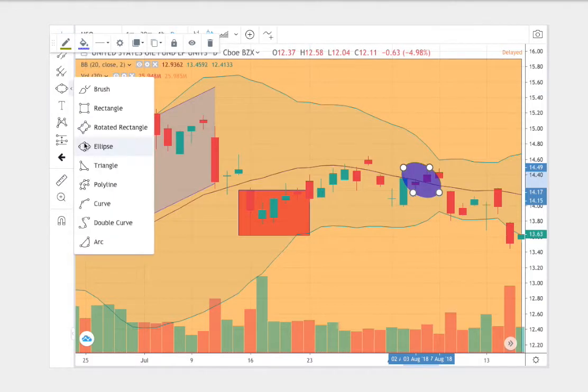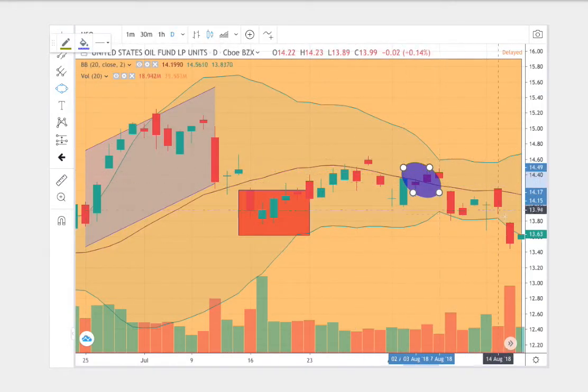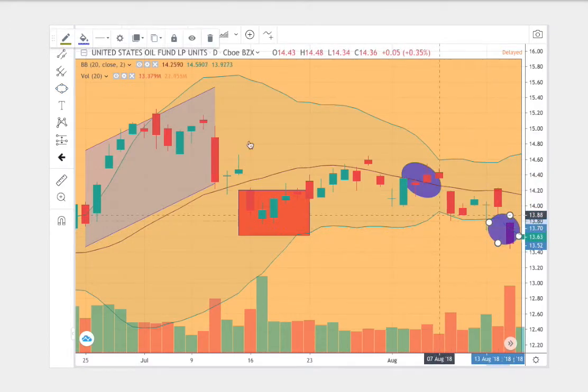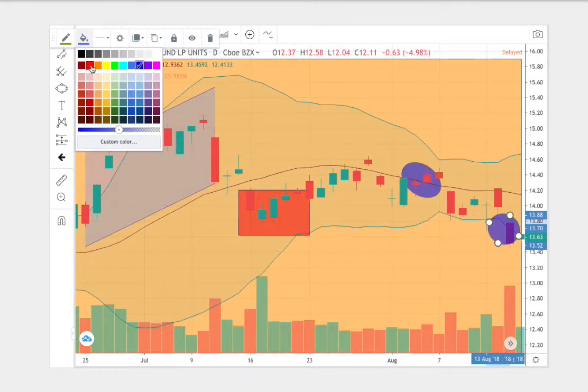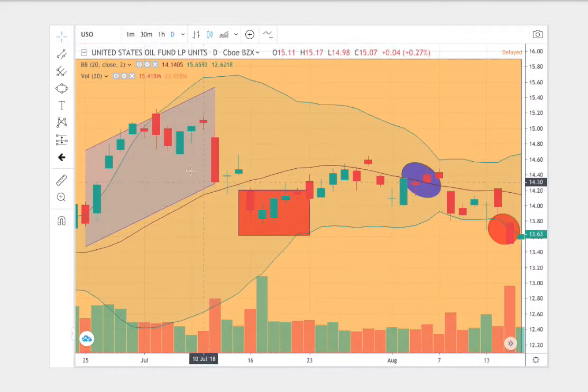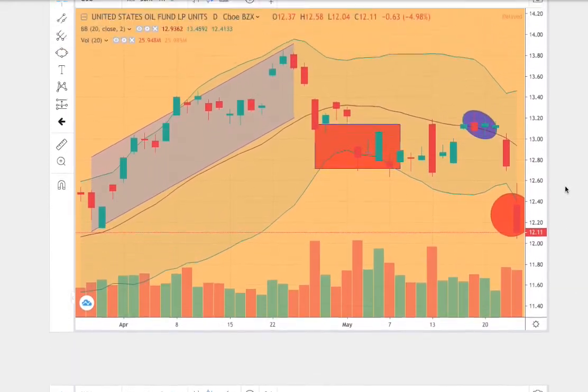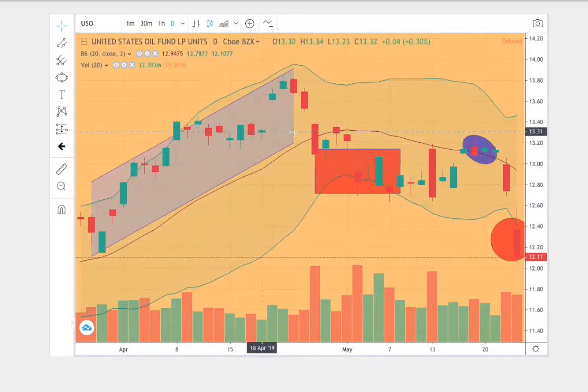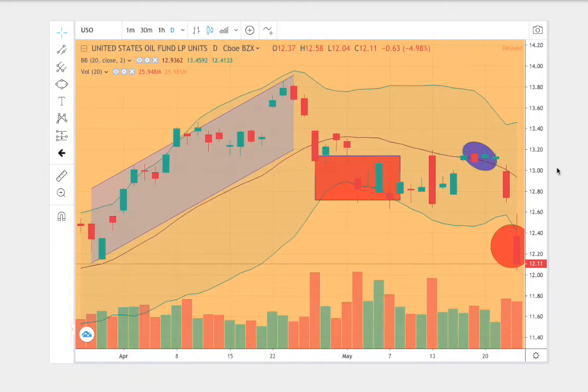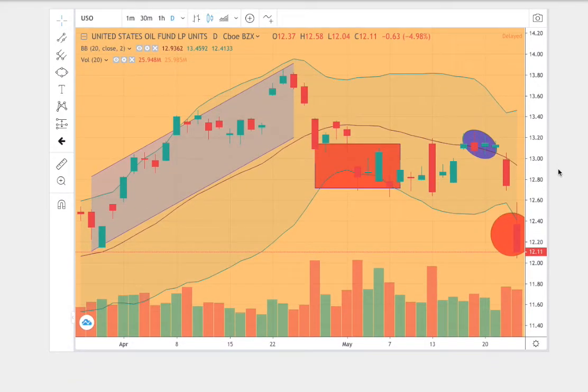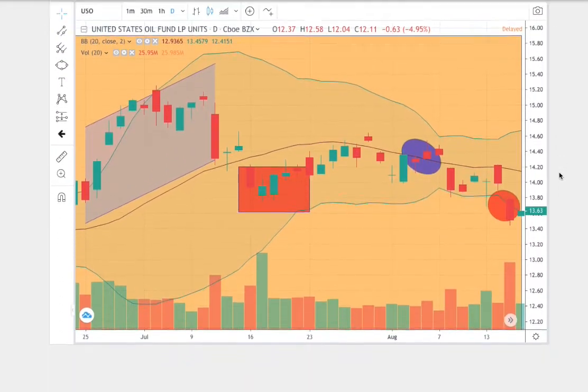And then after failing to touch the upper Bollinger Band several times, we continue down further, and that is what we see here. So we have 1, 2, 3, 4 points, and we have 1, 2, 3, 4 points that are similar. So there's reason to believe that the trends and patterns are similar. The outcome will also be similar.